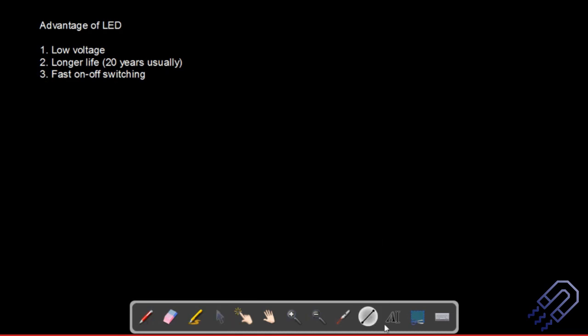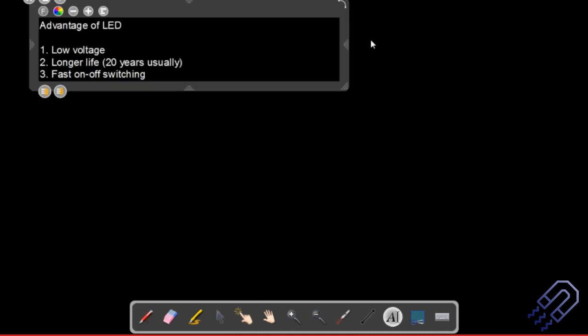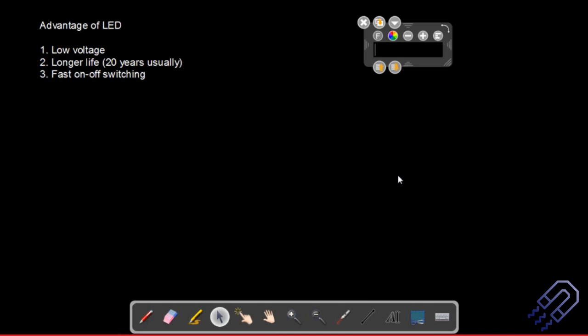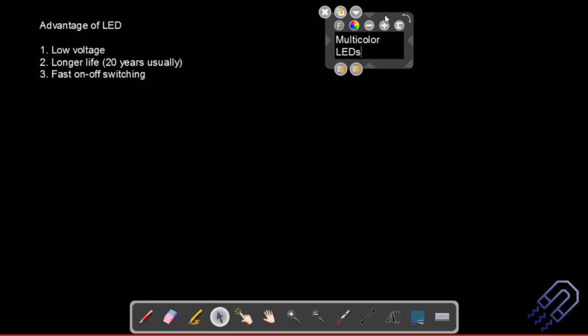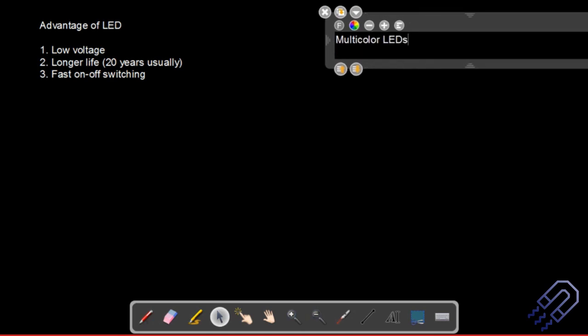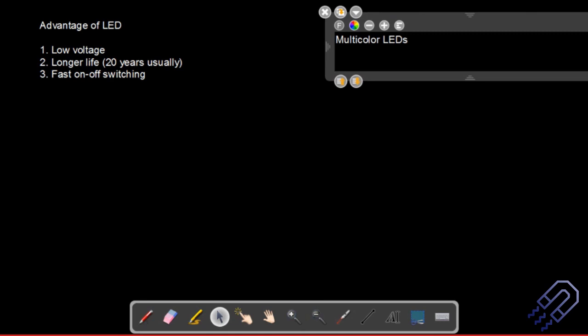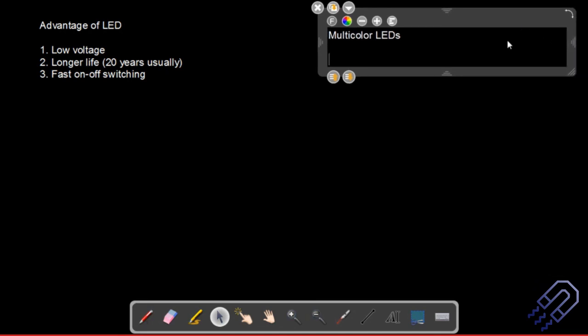One more thing I'd like to tell you, which is a bit unusual and something we usually don't study, is the multicolor LED. Some LEDs will actually emit different colors. It's not that we have two different LEDs together; here we actually have two diodes connected. When they are connected, the two keep switching on and off regularly, because of which a third color can also be seen.